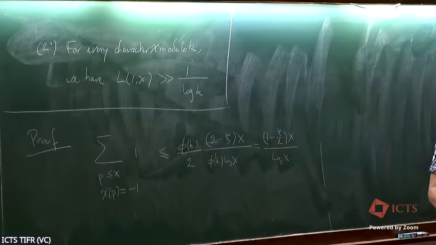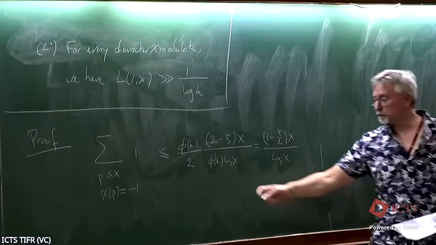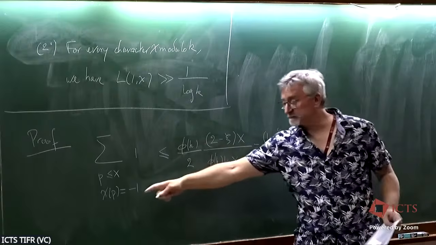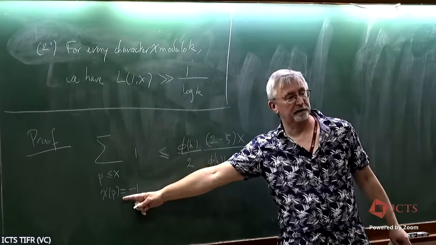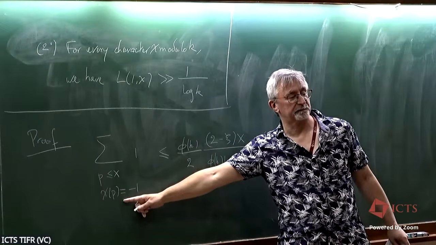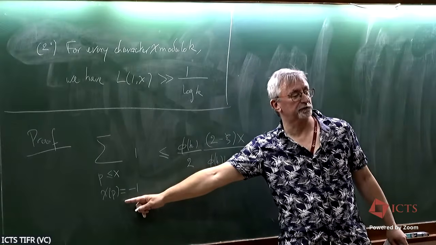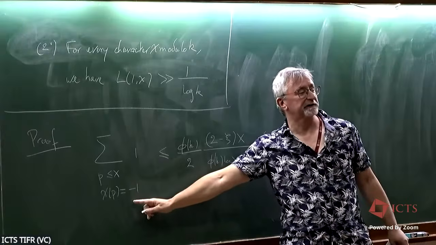Yes? Because you have phi of K by 2 classes such that chi of P could be equal to something which has value minus 1. Yeah?